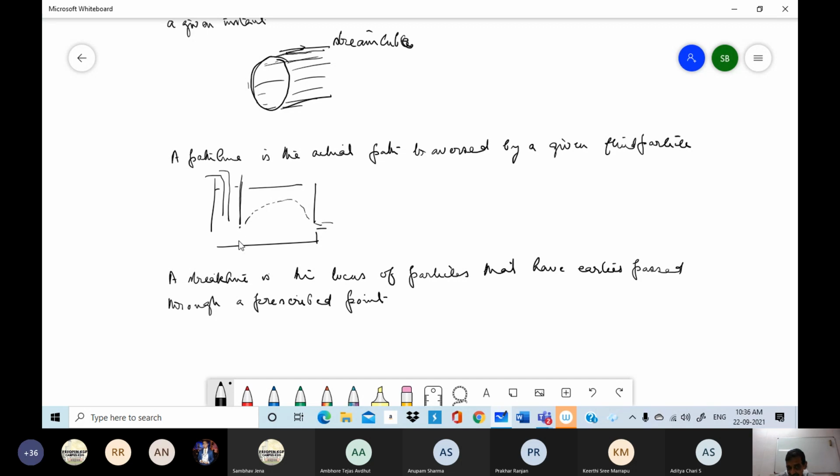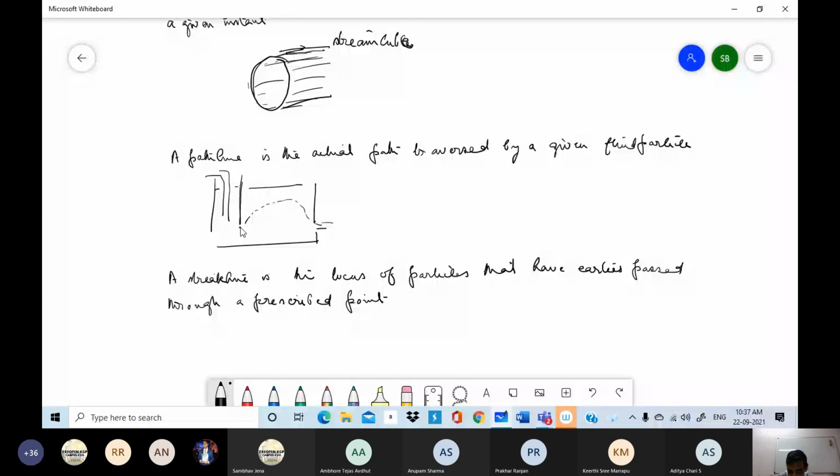So if I start at time t equal to 0, and let's say the dye which I injected at t equal to 0 leaves at time t equal to 10, then at t equal to 10, if I take an instantaneous snapshot, the particle which was injected here at t equal to 0 will be here.